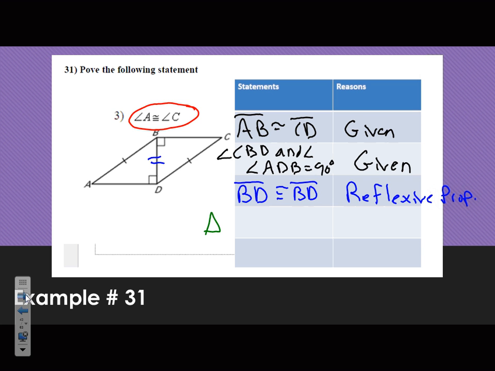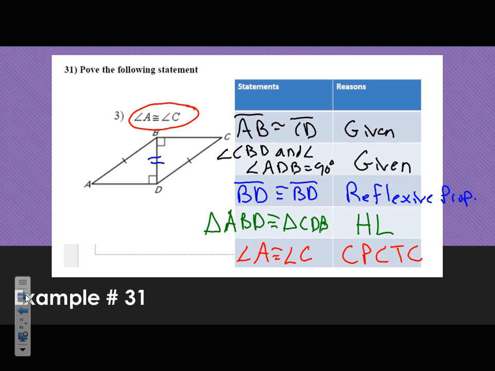So we're going to say triangle ABD is congruent to triangle CDB. And our reason is going to be HL, hypotenuse leg. Now we have enough information. Angle A is congruent to angle C, and our reason is CPCTC. Corresponding parts of congruent triangles are congruent.